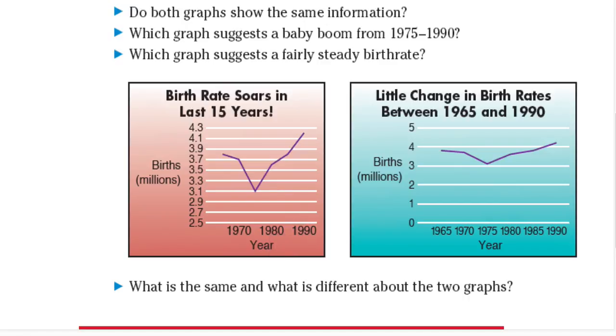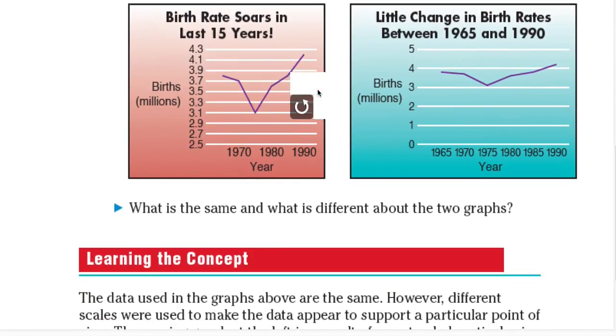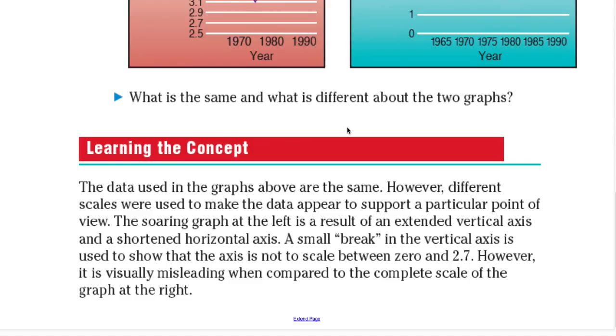By just looking at those two graphs, we know right away which graph can be misleading. The data used in the graphs above are the same. We answered that. However, different scales were used to make the data appear to support a particular point of view.